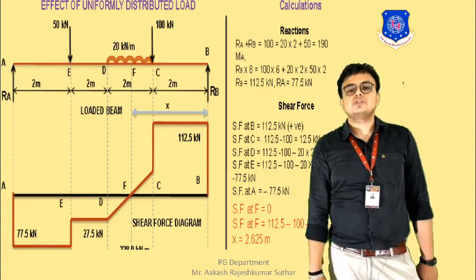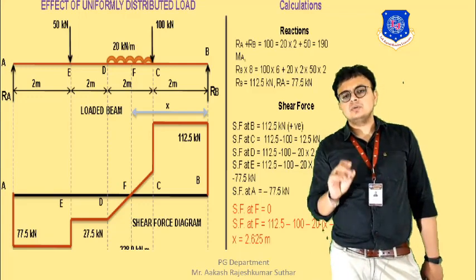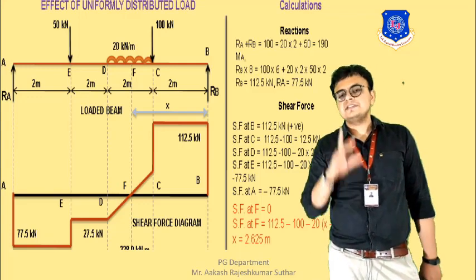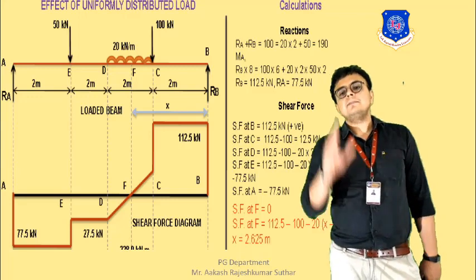So let's start with the shear force. Shear force at B will be equal to 112.5, and that is in the positive direction, so it will be in the upward direction.